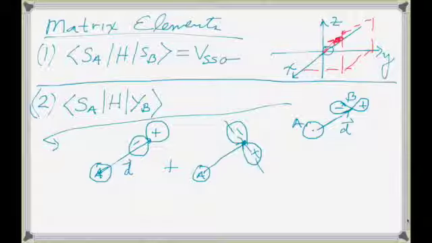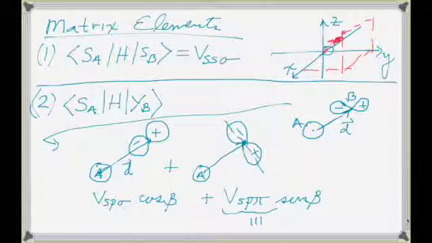And this is going to give me V_sp sigma times the cosine of an angle, plus V_sp pi times the sine of an angle. But we know that this is identically 0, so we don't get anything from that. We already talked about why that V_sp pi is 0. It's due to symmetry. There's a line of symmetry where the p orbital is odd, the s orbital is even. If I do the integral over all space, I get 0.